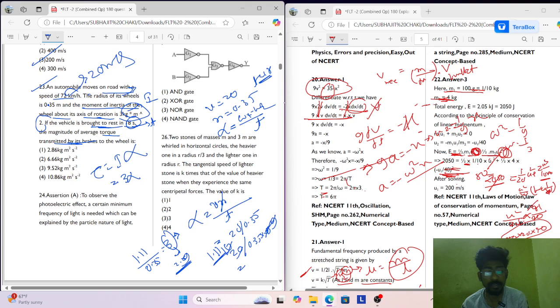To observe the photoelectric effect, a certain minimum frequency of light is needed, which can be explained by the particle nature of light. Particle theory of light, energy of each photon is proportional to the wavelength of light.